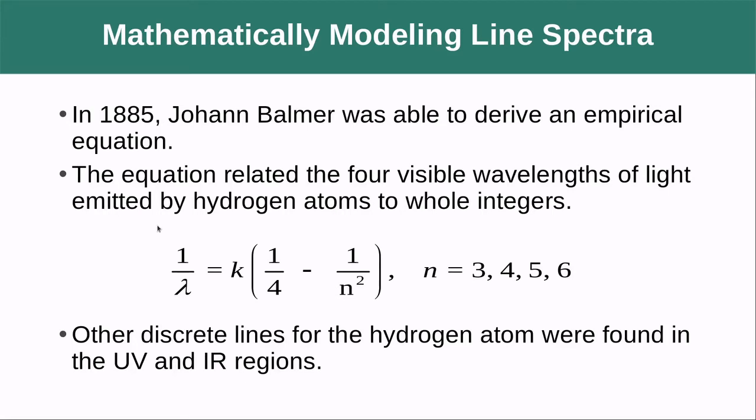In 1885, Johann Balmer was able to derive an empirical equation. Empirical meaning he looked at data and found an equation that fit that data. He didn't really have any good theory behind why it was true. The equation related the four visible wavelengths of light emitted by hydrogen to whole integers.